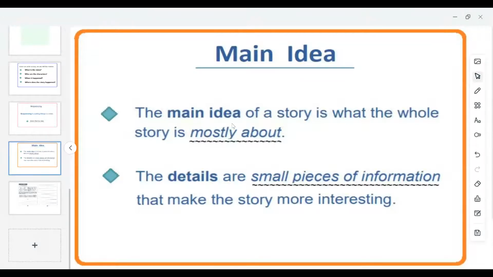The main idea of a story is what the whole story is mostly about.